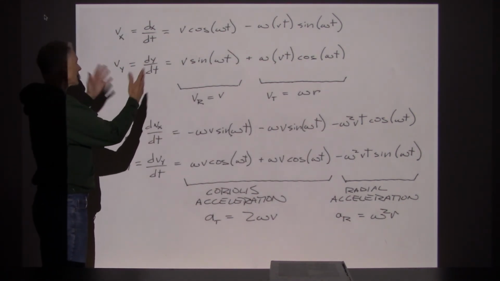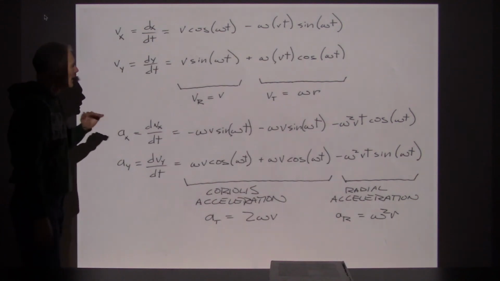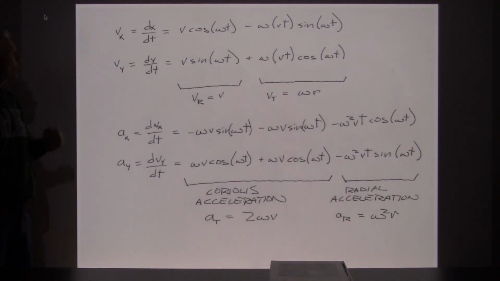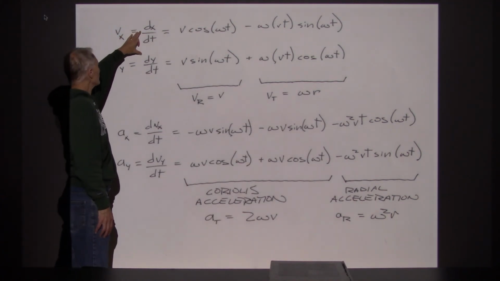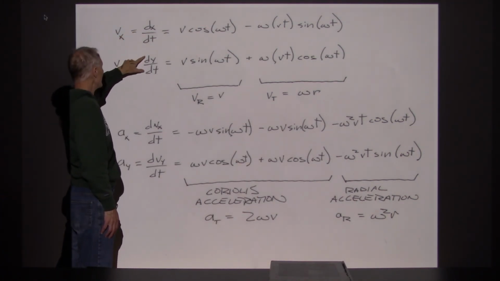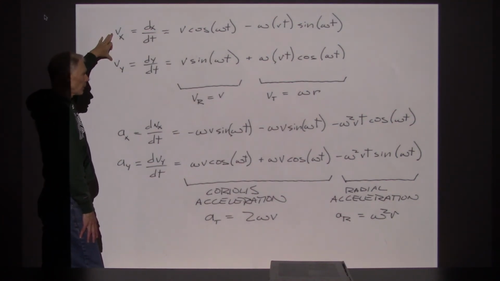Now what I did was I just took a bunch of derivatives, and again, this is not required. If you're interested in taking a look at how this works, go ahead and take a look at it or stop by office hours. And so I took a time derivative, dx/dt, and then time derivative dy/dt to get my velocity components.